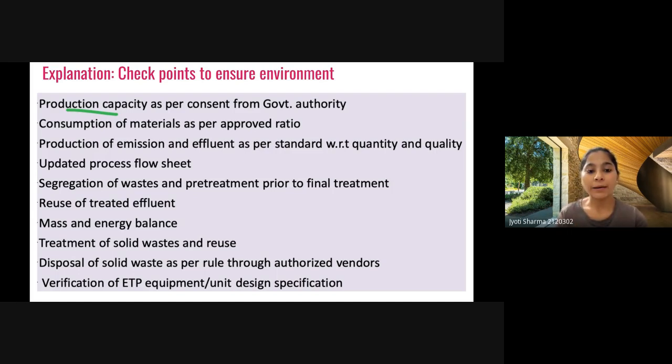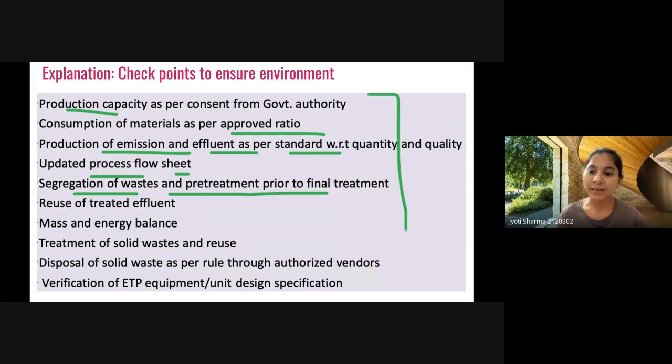And consumption of material as per approved ratio, production of emission and effluent as per standard with respect to quantity and quality. You have to update the process flow sheet. Then you have to segregate the waste and pre-treat prior to final treatment. So these are the checkpoints so that we can ensure a healthy environment.